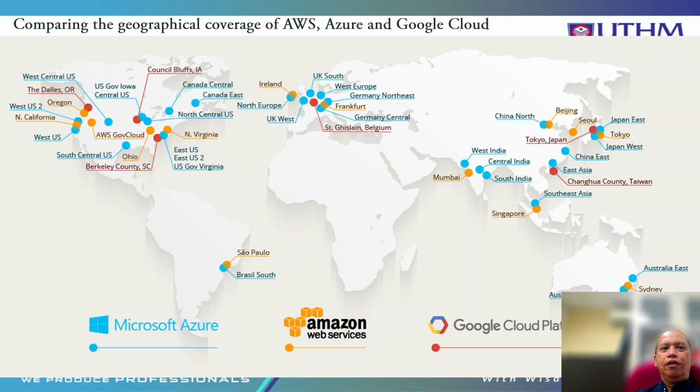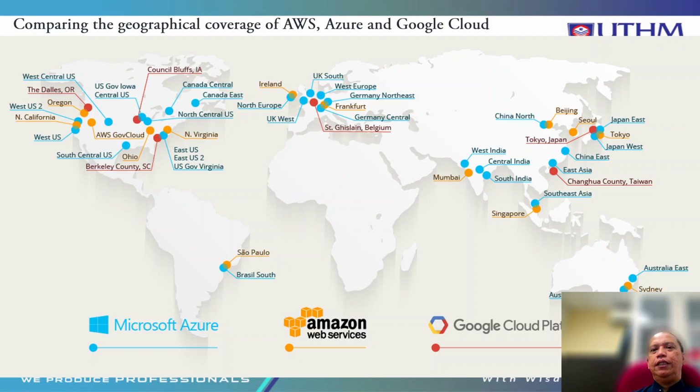Comparing the geographical coverage of AWS, Azure, and Google Cloud. These are three well-known service providers. We currently have Alibaba and Huawei Cloud too, but this is the picture that I can give of how people use it.